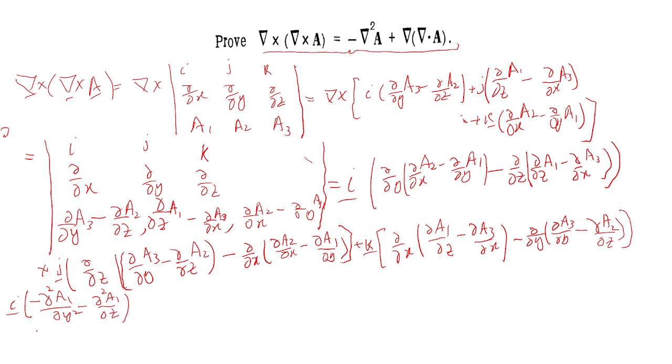I take two terms of i and two terms are left, so I am writing the two i terms here: partial squared A2 by partial y partial x plus partial squared A3 by partial z partial x. So these are the four terms of i.